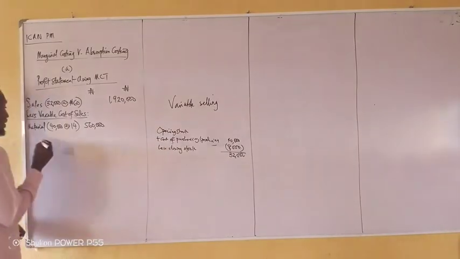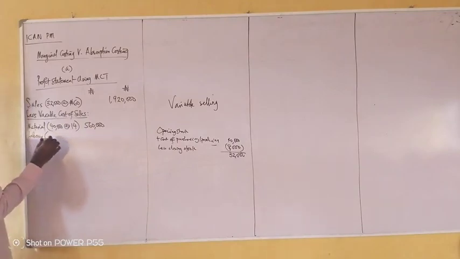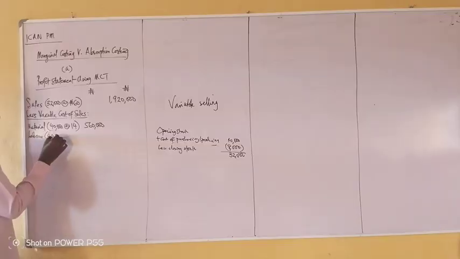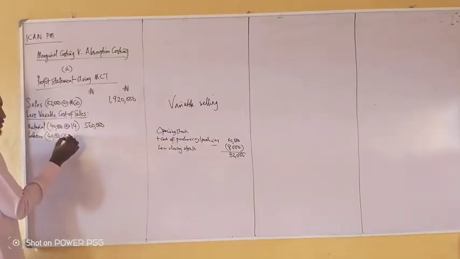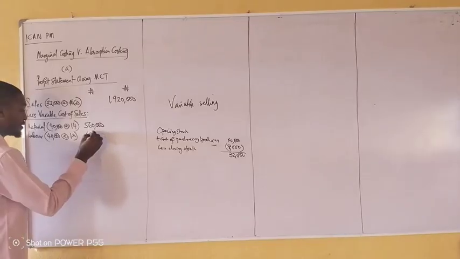Which other one do we have? Labor. All these are variable costs. Still 40,000 at what's the cost of labor? 12, giving us 480,000.